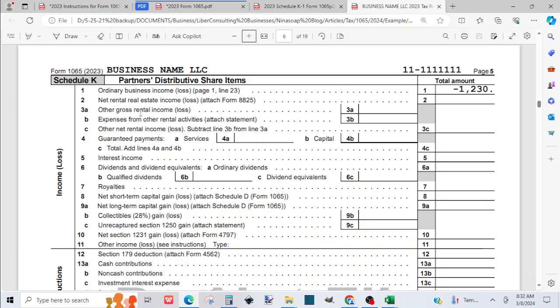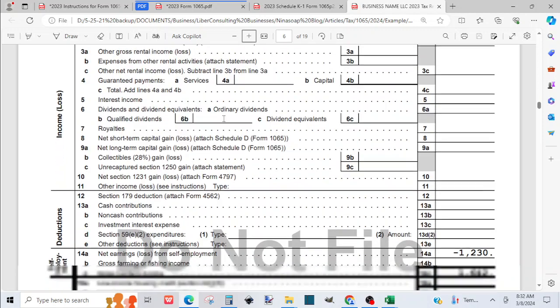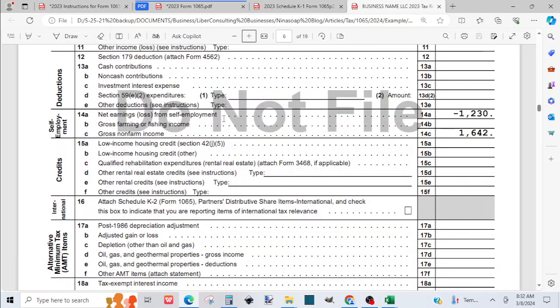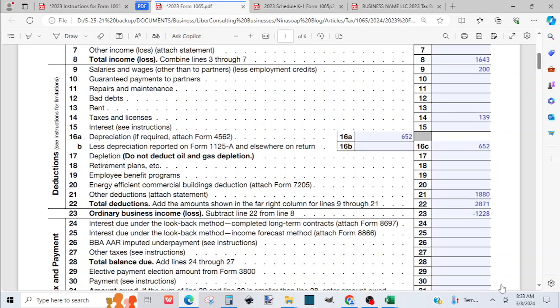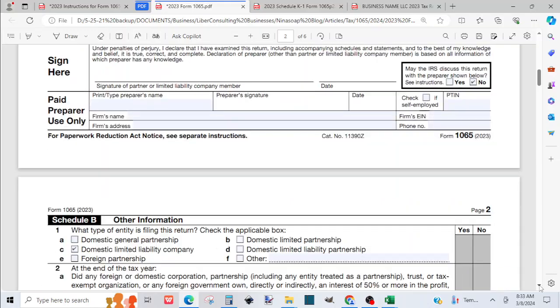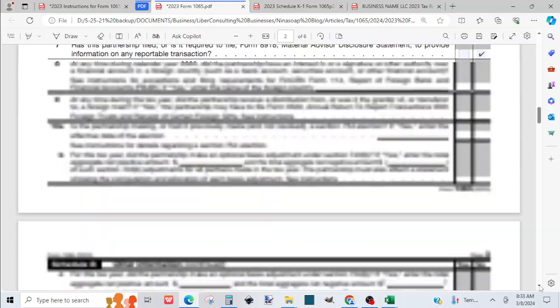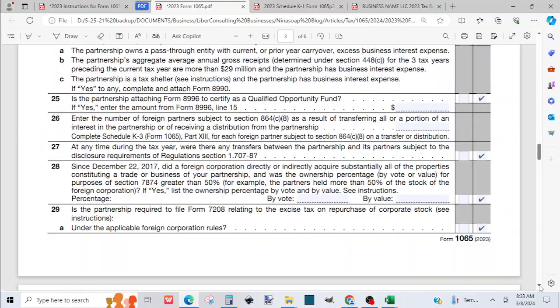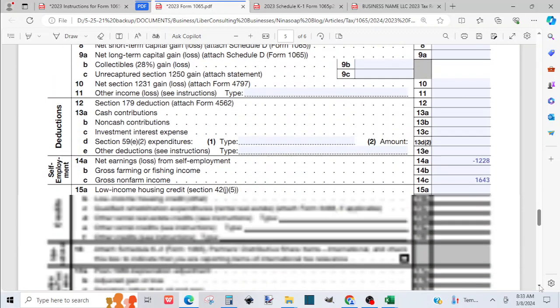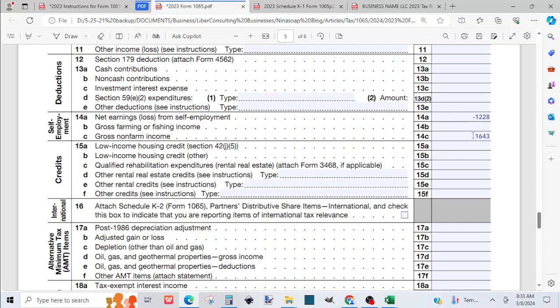So, yeah. Let's continue here. So that is 14A and 14C. Let's scroll quickly.